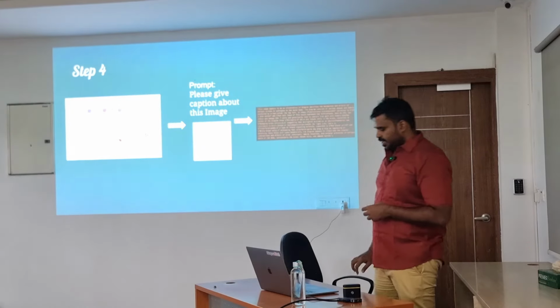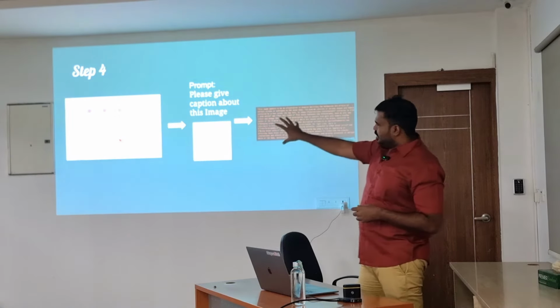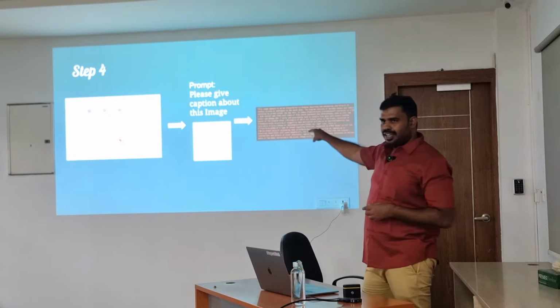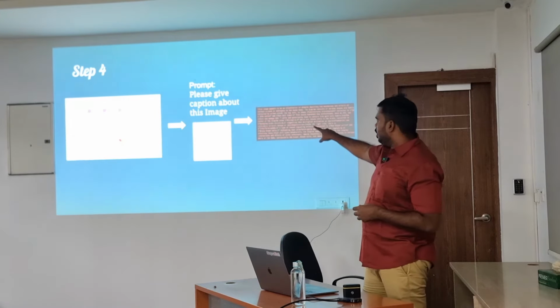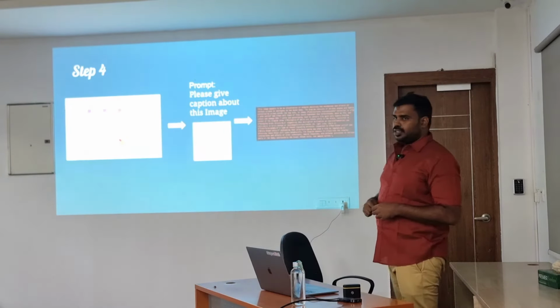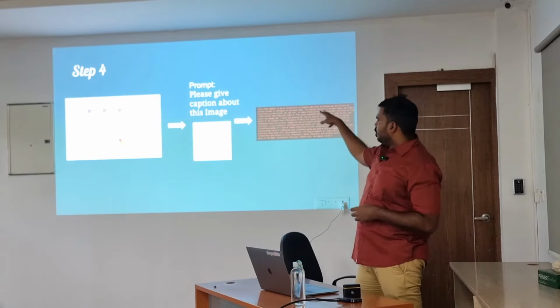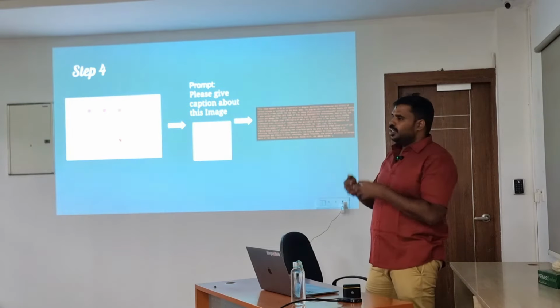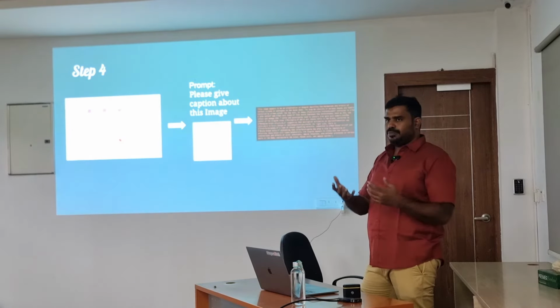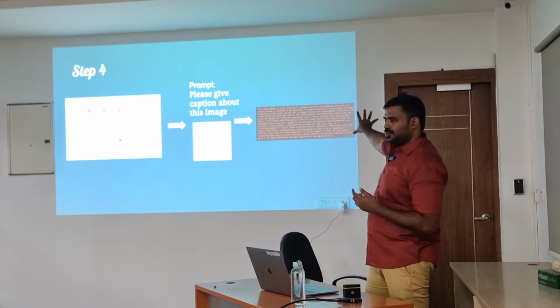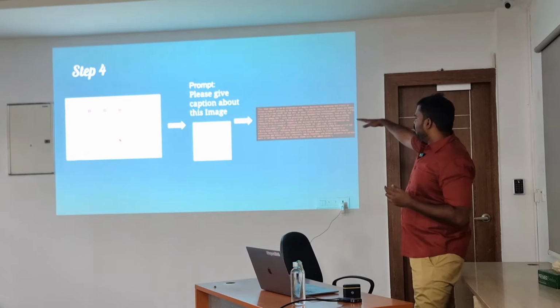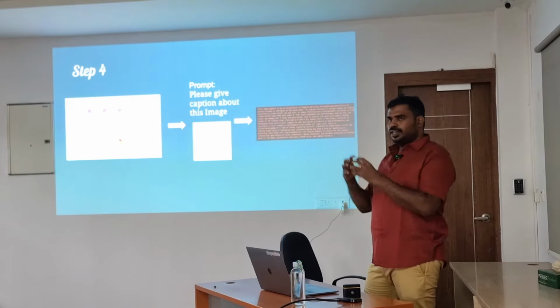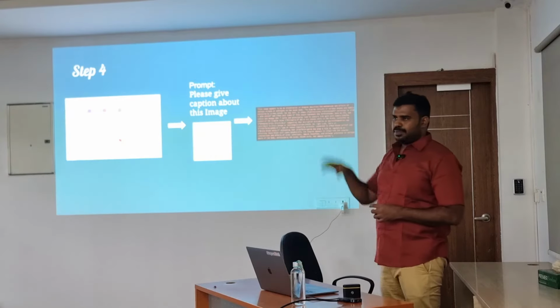The next thing is, we will give this image to an AI model and ask it to explain the image. The prompt will be: please give a caption about the image. The AI model will understand this image and give a multi-line caption, and we will save this caption in a separate file.